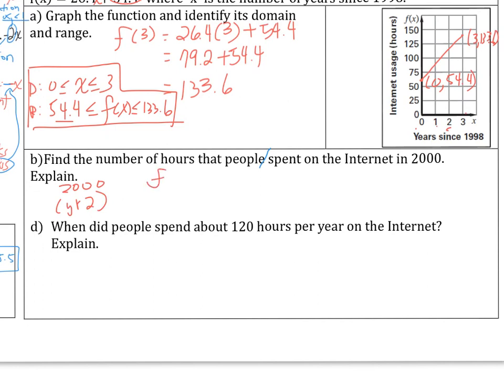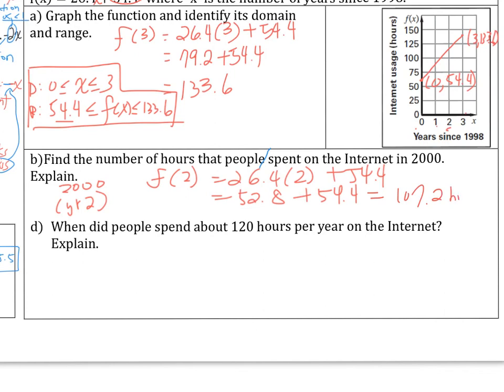So therefore, we can plug in 2 now. f of 2 will be 26.4 times 2 plus 54.4. That would equal 52.8 plus 54.4, and that would equal 107.2 hours.